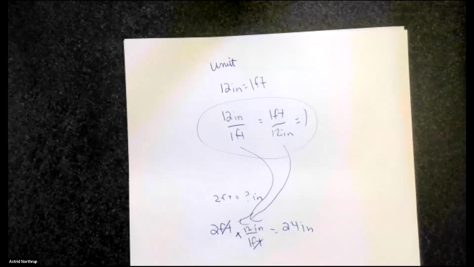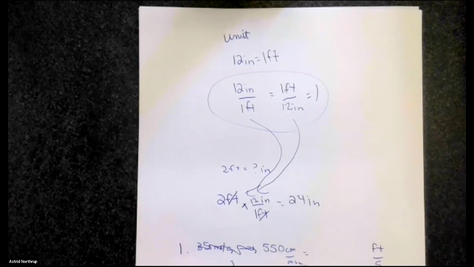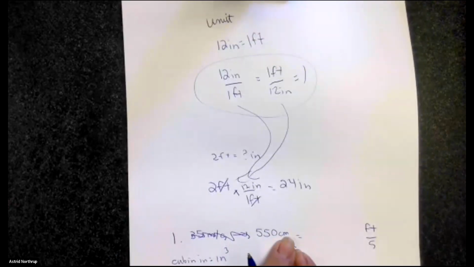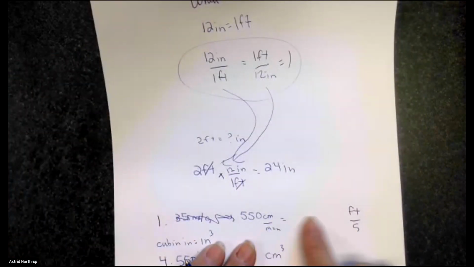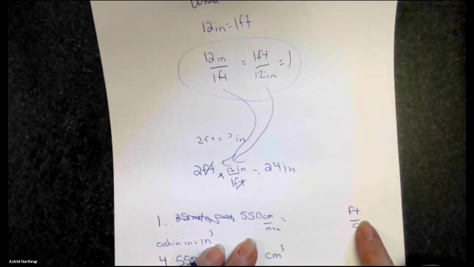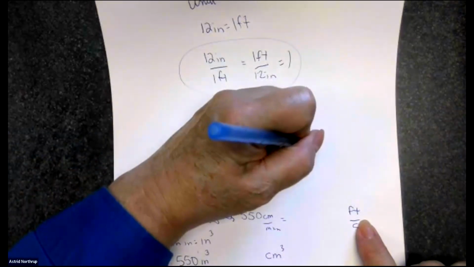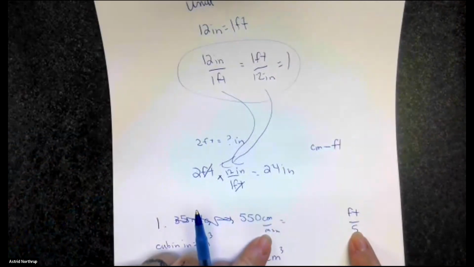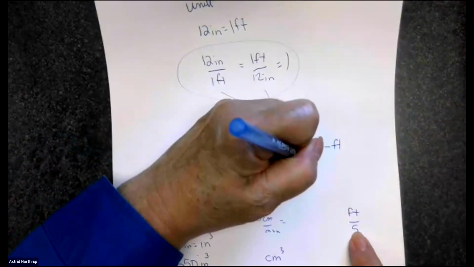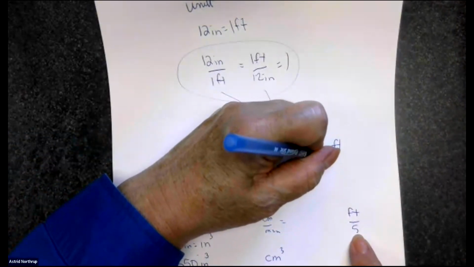Okay, so going back to my document cam, we start with this one where we have 550 centimeters per minute, and we want to convert that to feet per second. Well, the way that we do that is we start with one unit. We want to convert centimeters to feet, and then those are our units of length, and then we want to convert minutes to seconds.